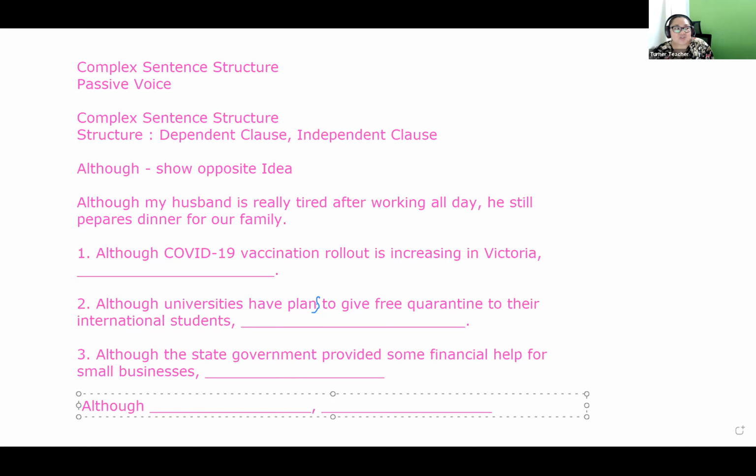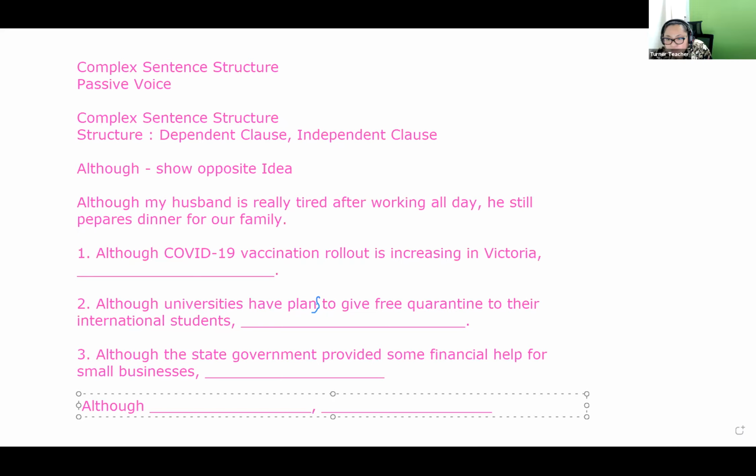And announce should be with D. So although the Prime Minister announced the lockdown, some people are still not following the rules. Not still some people. Some people are still not following the rules, because still is before your adjective. Sure. Thank you. No worries.